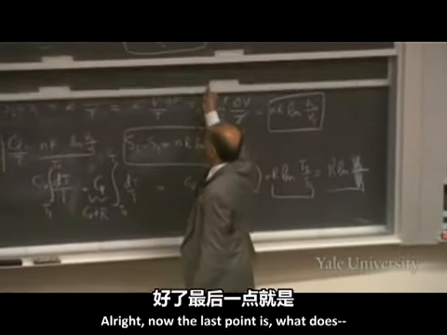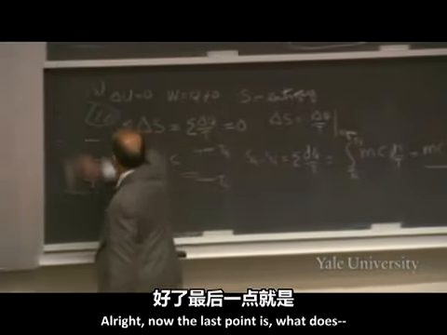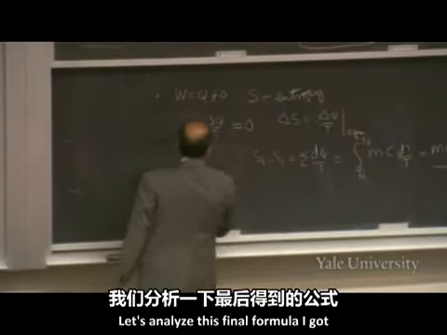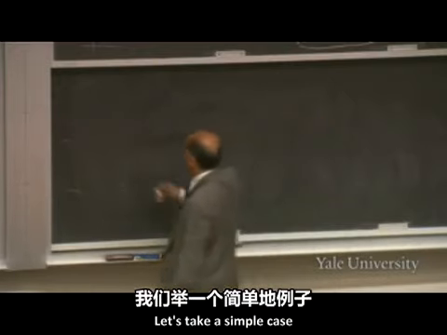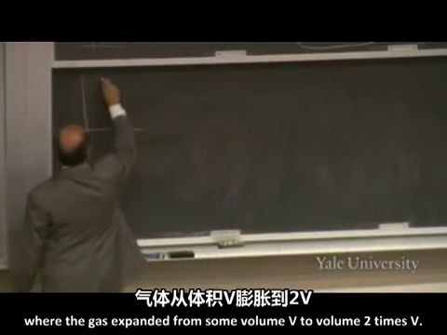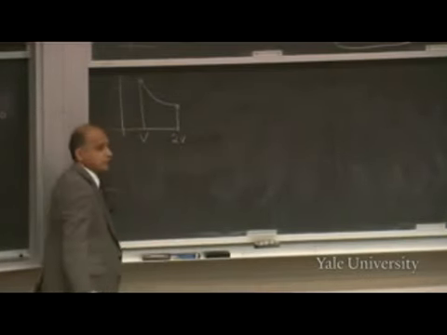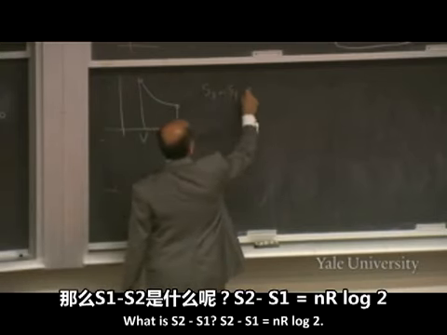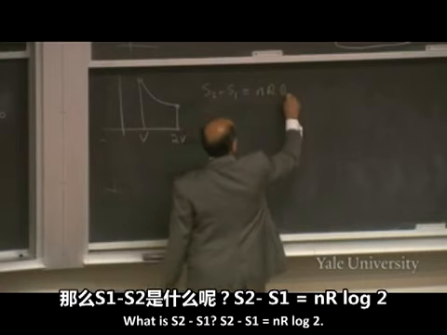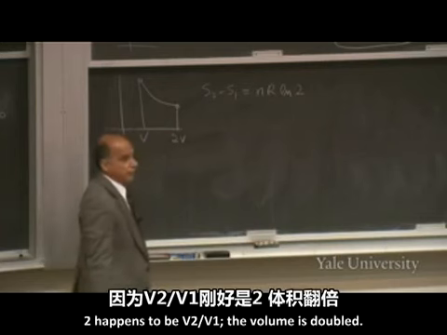All right, now, the last point is, let's analyze this final formula I got for entropy change for free expansion of a gas. Let's take a simple case where the gas expanded from some volume V to volume 2 times V. What is S2 minus S1? S2 minus S1 is N R log 2. 2 happens to be V2 over V1.